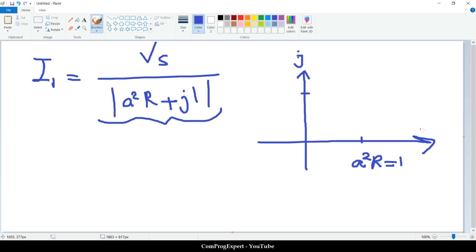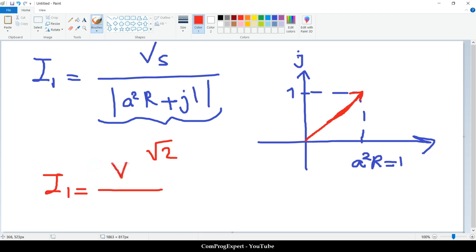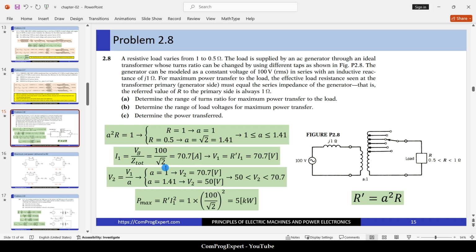This is the real part, equal to 1. So this is the impedance. What is the amplitude? It is equal to square root of 2. So I1 will be equal to Vs divided by square root of 2, that is equal to 70.7 amps.